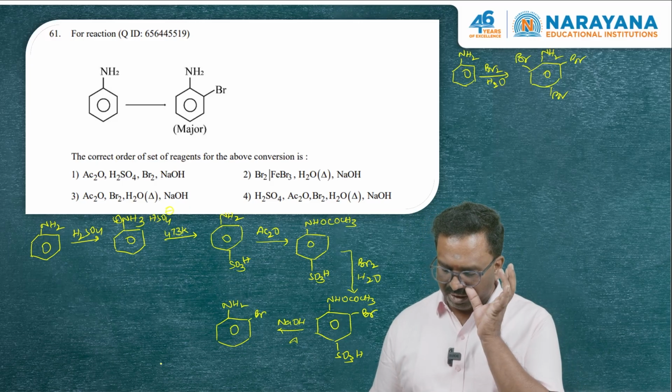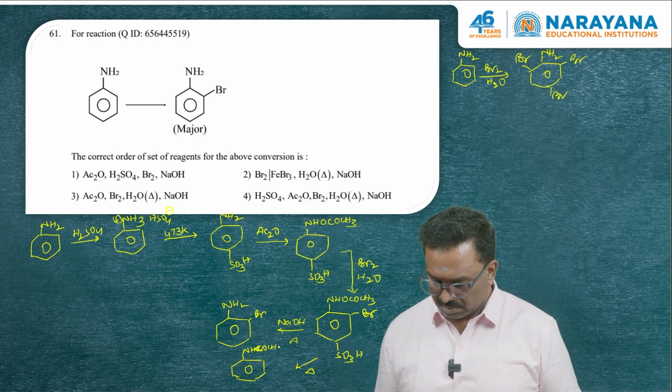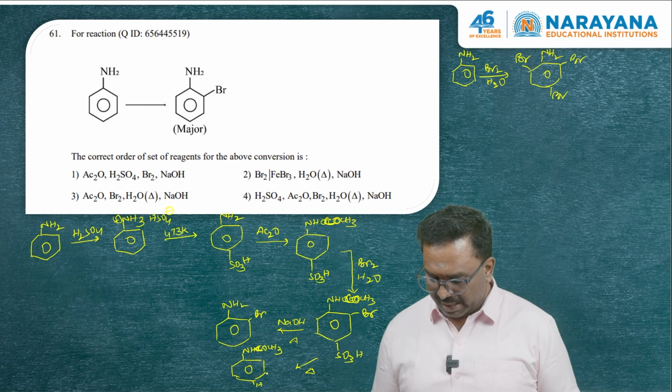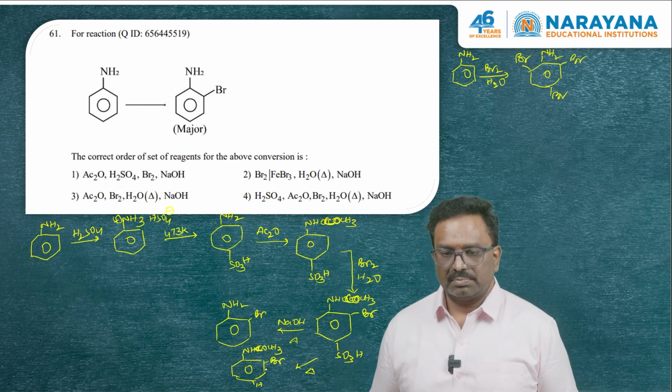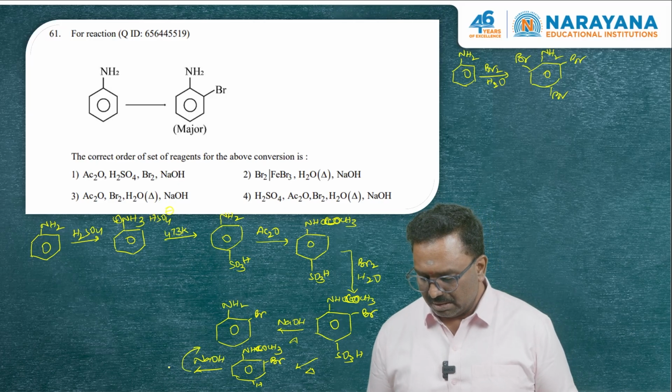Heating is first preferred because by heating the SO3H group is easily detached, and NHCOCH3, the acyl group, is only present. Here SO3H is replaced by the bromine, then NaOH will carry out this reaction to take place. This is the reaction.